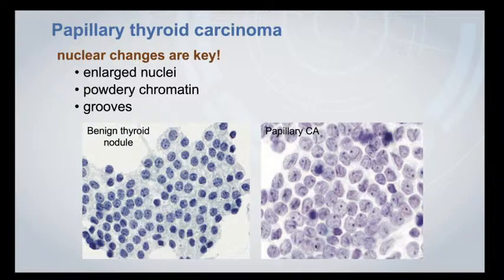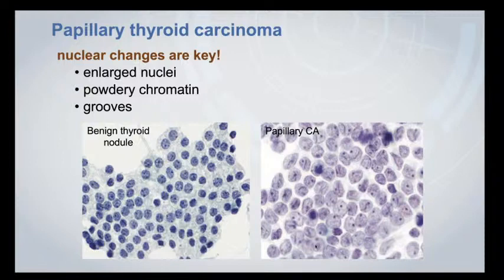I'd like to emphasize that the nuclear changes are probably the most significant findings that we look for to make a diagnosis of papillary thyroid carcinoma. And I hope you can see that almost immediately in this side-by-side image taken with the same magnification. So yes, the papillary carcinoma nuclei are usually larger than normal follicular cell nuclei, although that's not always an easy thing to appreciate.